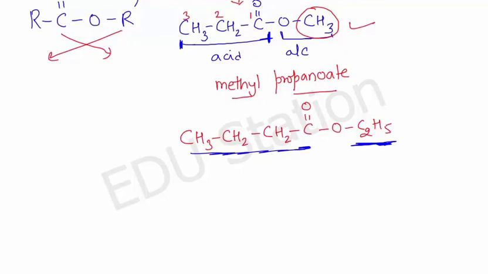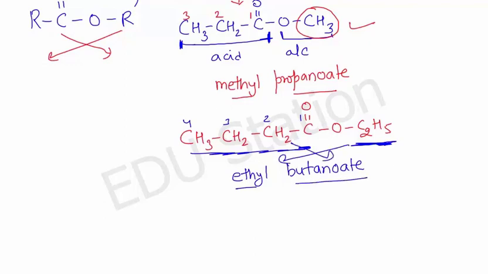Alcohol part is not preferred, so it will be ethyl. This has 1, 2, 3, 4 carbons, so but, all single bonds, and oate. You can write anoate also or simply oate. So it is ethyl butanoate.